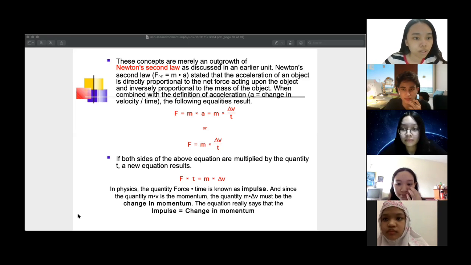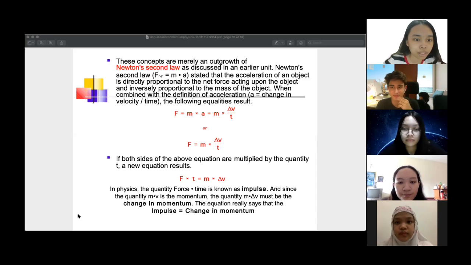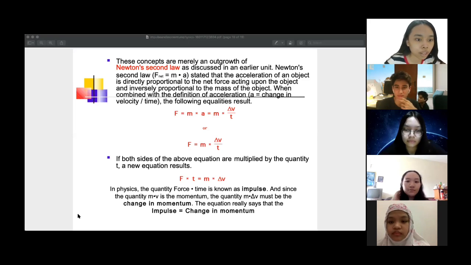F equals mass times acceleration, so it's mass times delta velocity per time. If both sides of the above equation are multiplied by the quantity t, a new equation results: force times time equals mass times delta velocity.